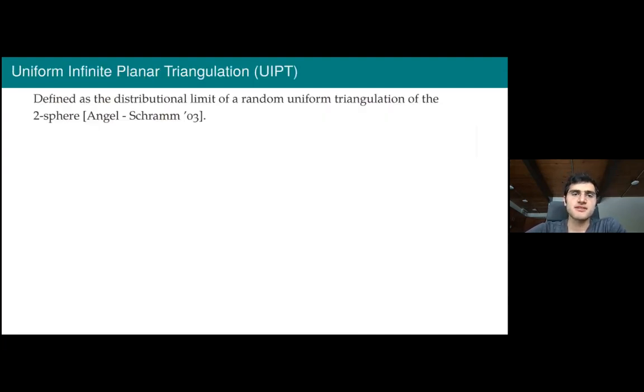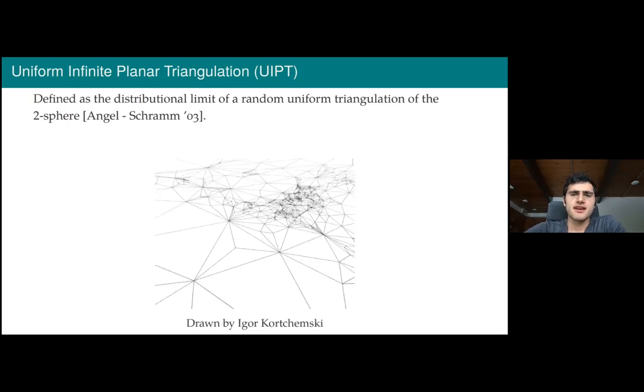And the other related construction is the UIPT, which arises in the study of 2D quantum gravity. It's defined as the distributional limit of random uniform triangulations of the surface of the two-dimensional sphere, like the surface of the three-dimensional ball. These sequences of graphs don't necessarily have bounded degrees, but the degree of the root still has some exponential tail.